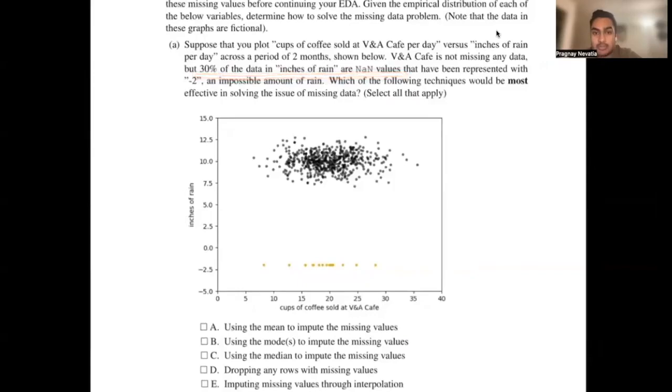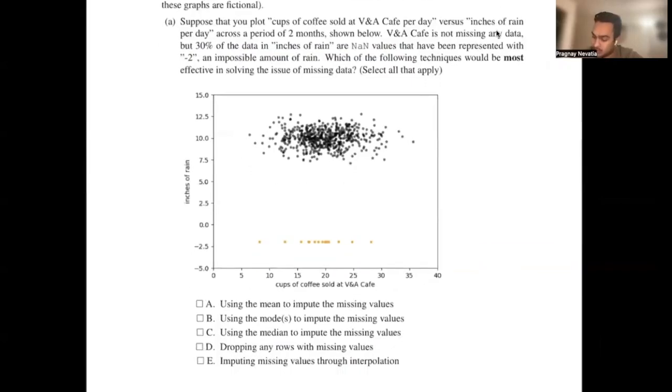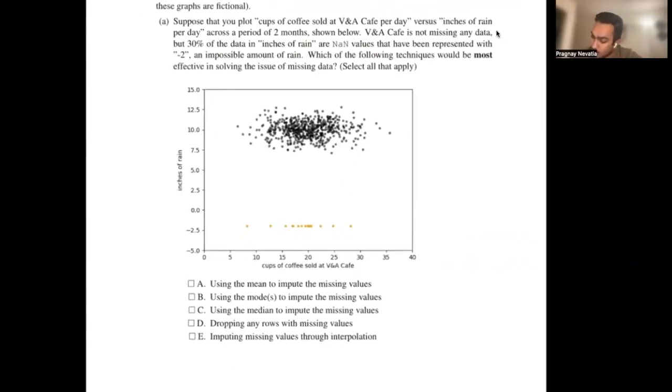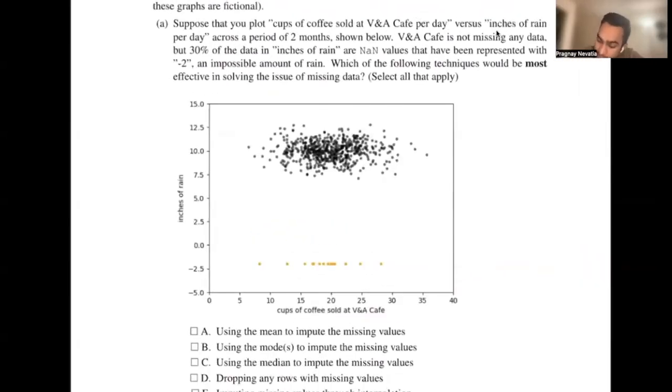What would be the most effective way to solve this issue of missing data? Now, what you should realize is that the 30% of data that is missing is in the inches of rain column. That means we have data about cups of coffee sold at V&A Cafe, but we don't have the data for inches of rain. So again, there's multiple ways you can do this.